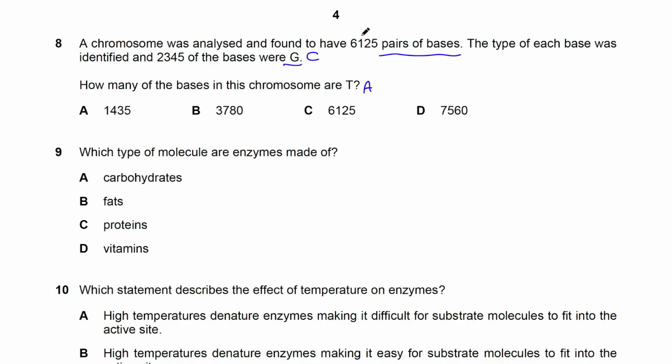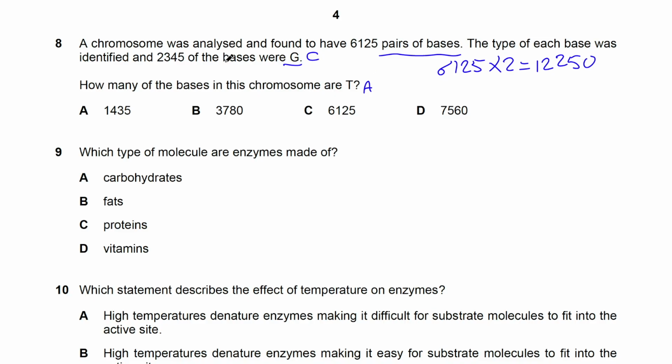Now, once we have this number of bases, we need to multiply it by 2 because they mentioned pairs of bases. So 6,125 times 2 will give me 12,250.